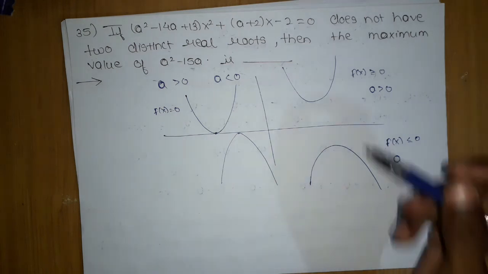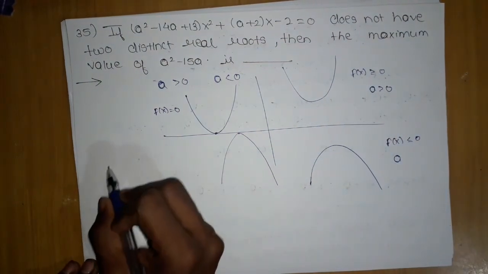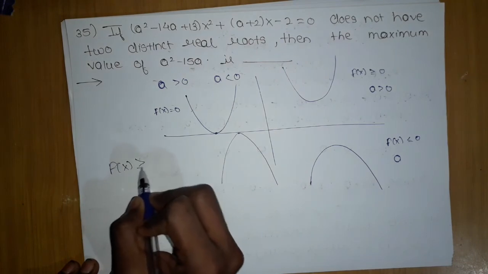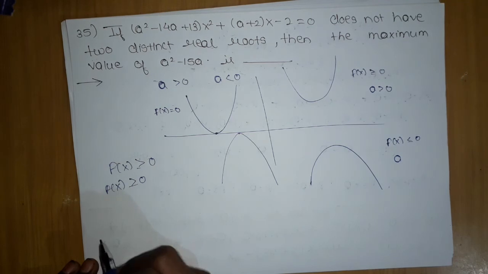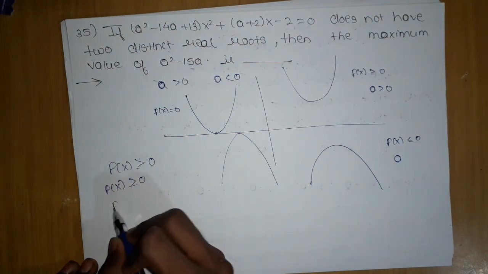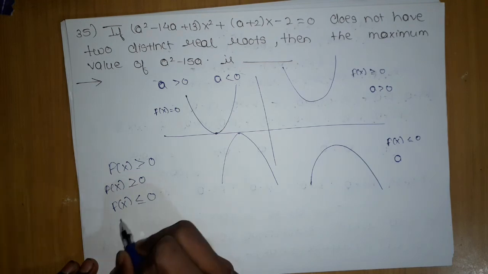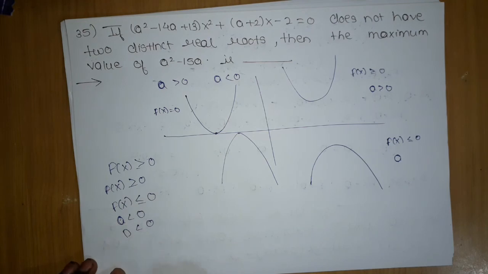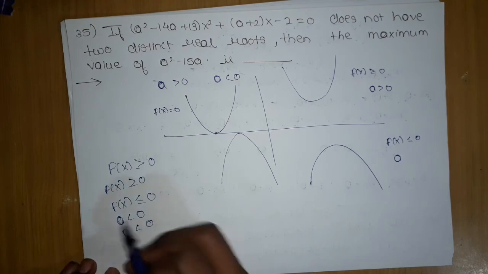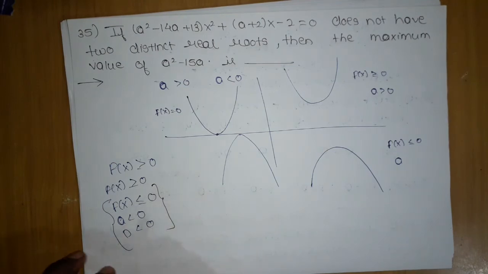We have done so many problems where you see the conditions of f of x greater than 0, f of x greater than equal to 0. You said that it is always positive, but it can also be true for this case. The condition is that D should be less than 0. Both will have D less than 0. So this is for the negative, downward parabola. Although many questions don't use downward parabola questions.